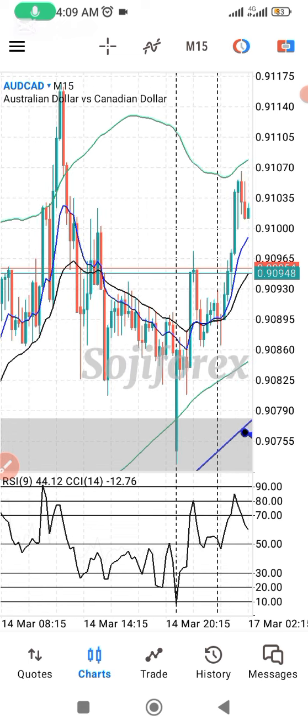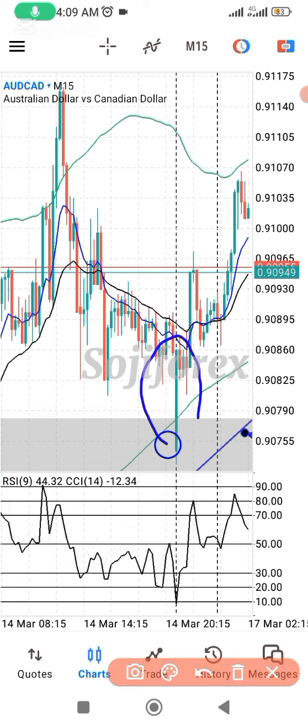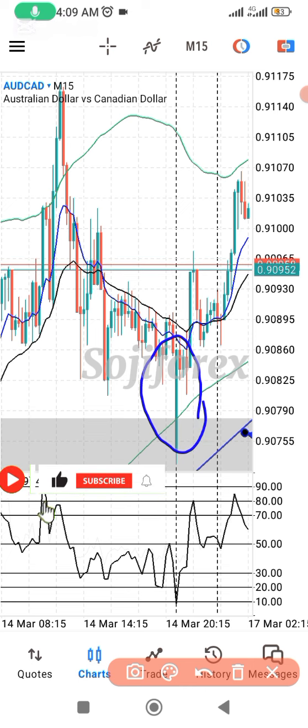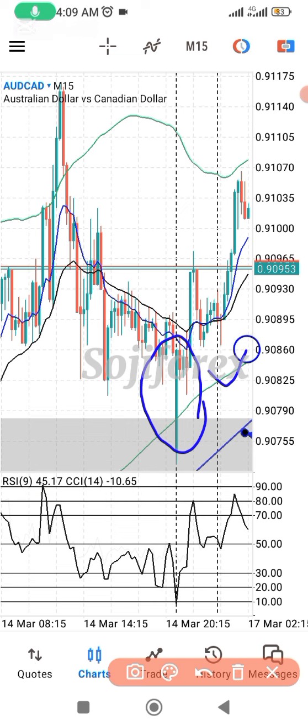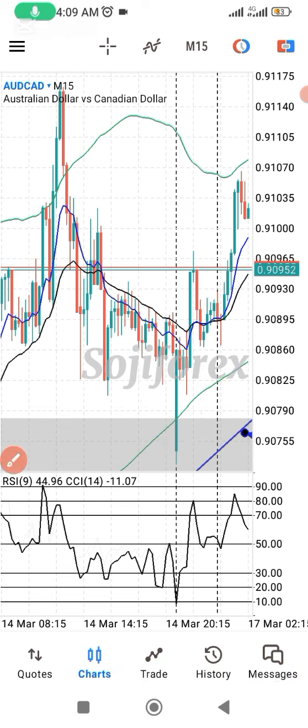The same thing plays out on a 15-minute time frame. It gave us this engulfing candle. It tapped into that same zone, and this engulfing candle formed from the zone of the middle Bollinger Band, and that is the entry we are talking about.